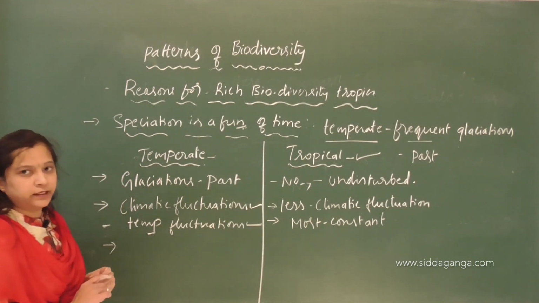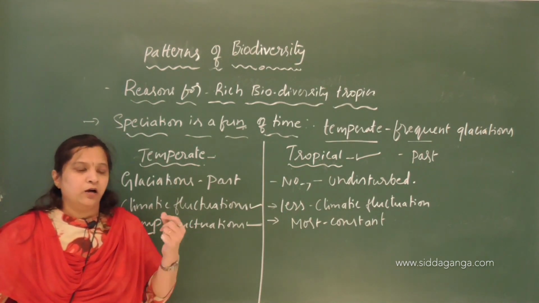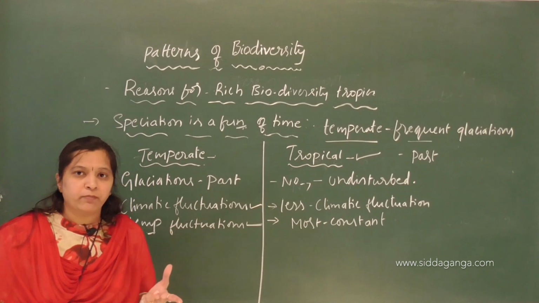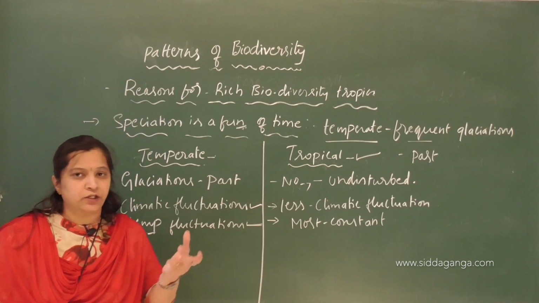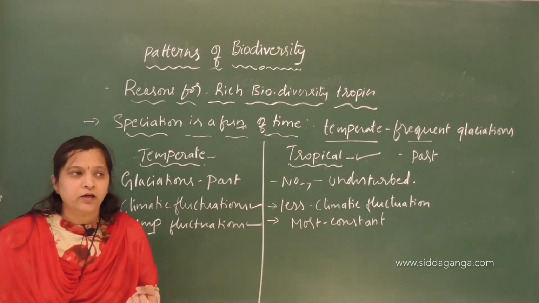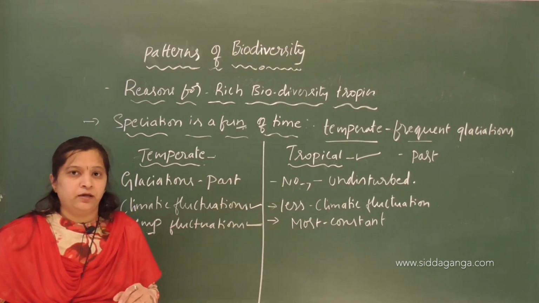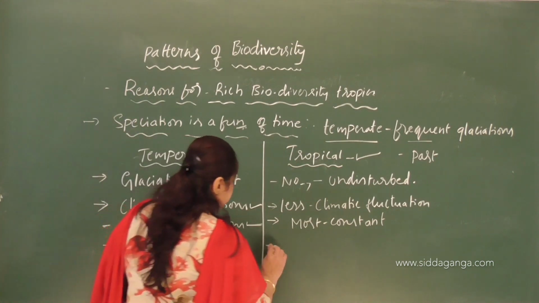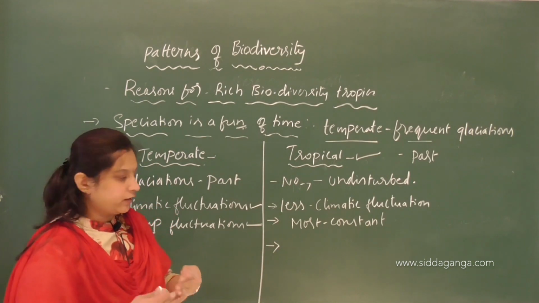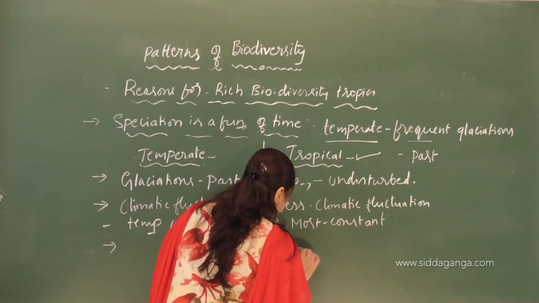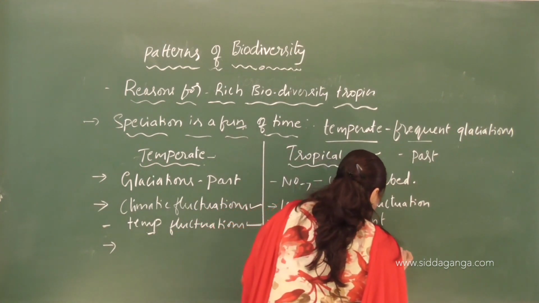And one more important thing is the availability of solar radiation. Solar radiation is a very important requirement. The plants need solar radiation; they are entirely dependent upon it for photosynthesis. The availability of solar radiation is more in the tropical areas, because as they are near the equator, they receive more solar radiation.